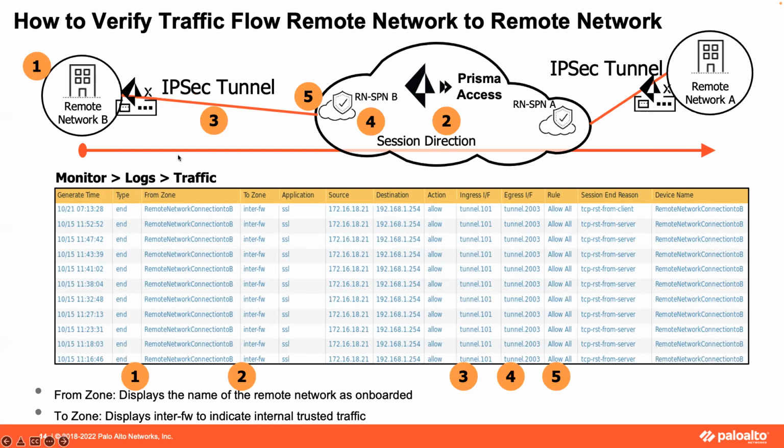And the example I'm going to give is I have users in a remote network B at a branch office on the left-hand side, making a connection through Prisma Access to remote network A on the right-hand side, and then a response coming back. So I'm going from B to A.